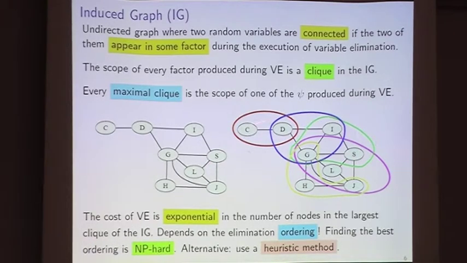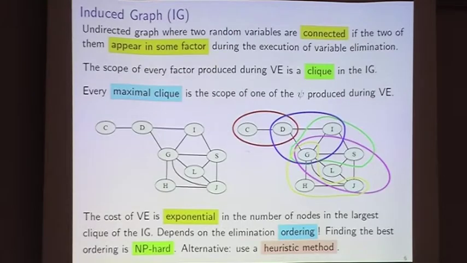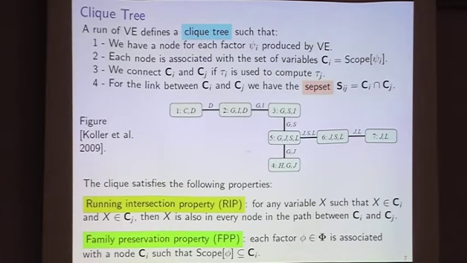And each of the maximal cliques in that induced graph corresponds to one of these factors psi 1 to psi 7 produced during the execution of variable elimination.